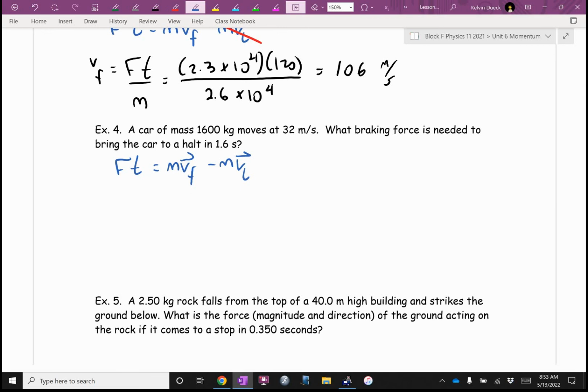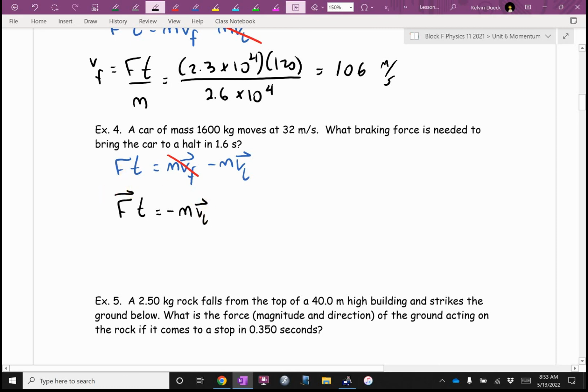Ooh, what's V final? So you're saying I can cross out that whole term? So what I really have, I'll rewrite it, is this. Ft equals negative m vi.